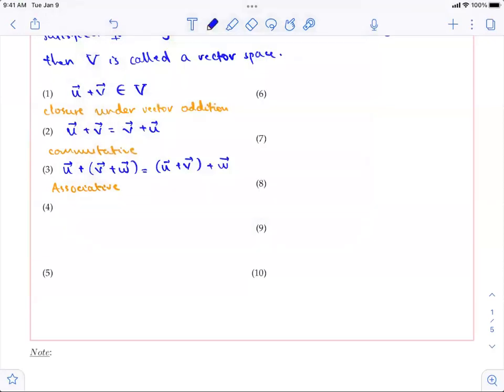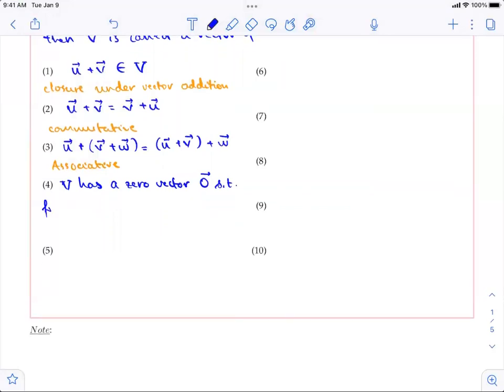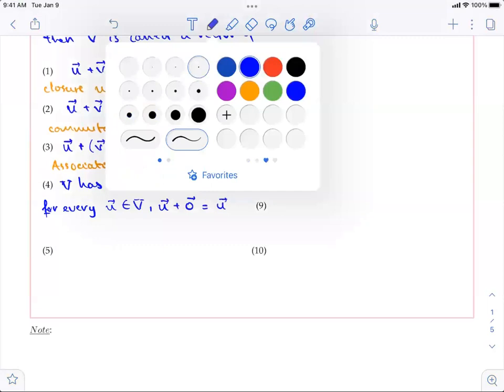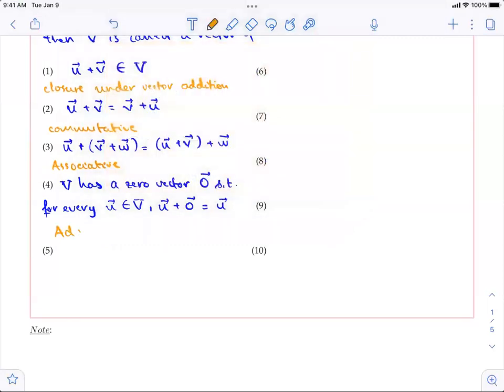The fourth property is that V has a zero vector, denoted as the zero vector, such that for every vector u in V, u plus the zero vector is the vector u itself, and this is called the additive identity.